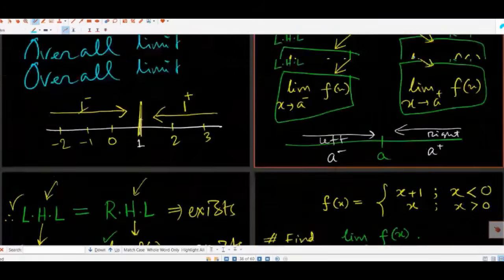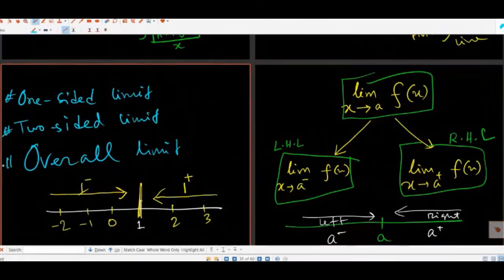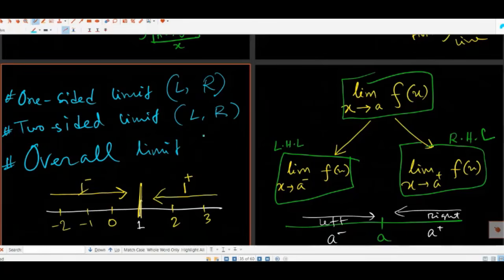That's why I have written these three terms. A one-sided limit may be only the left-hand limit or only the right-hand limit. Whenever we find both, that is called a two-sided limit. If both limits are the same, the overall limit exists, so left-hand limit equals right-hand limit.